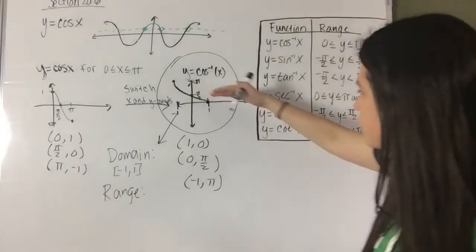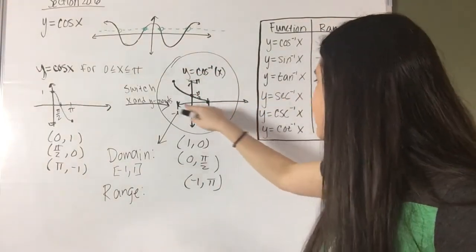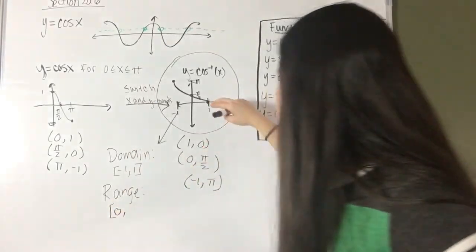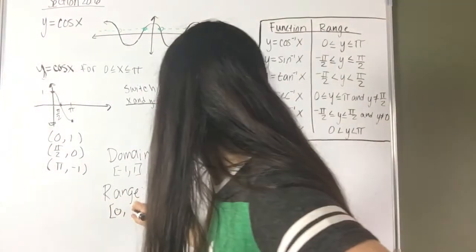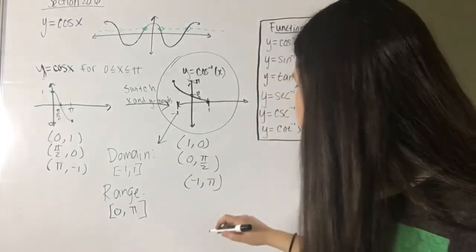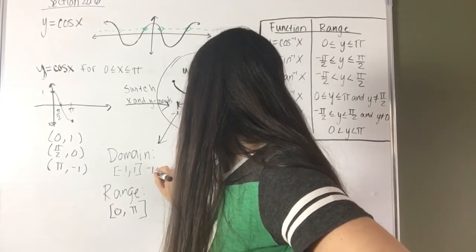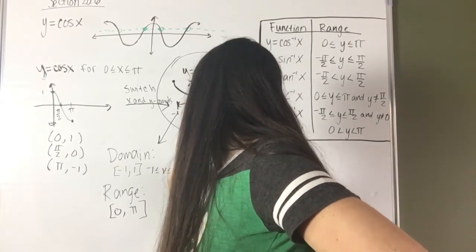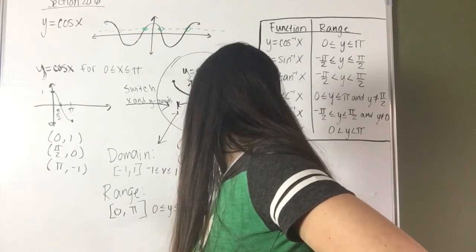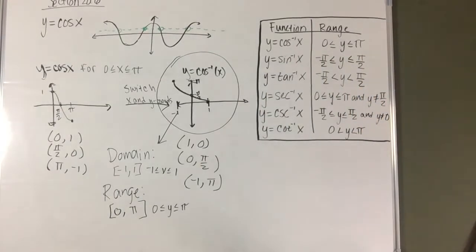The range, what y values, what y coordinates do we see on our graph? Well, this graph starts at 0 and it goes up to pi. All right, so that was interval notation. As an inequality, it would be written like this.